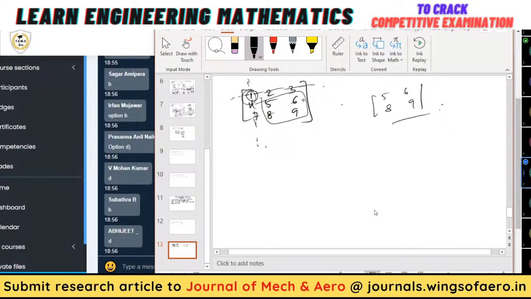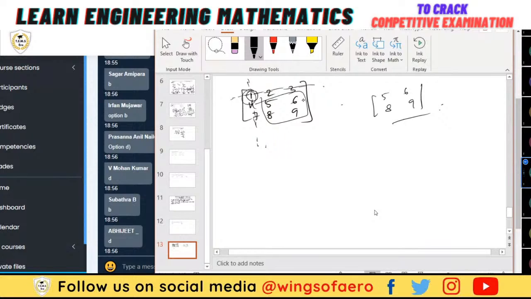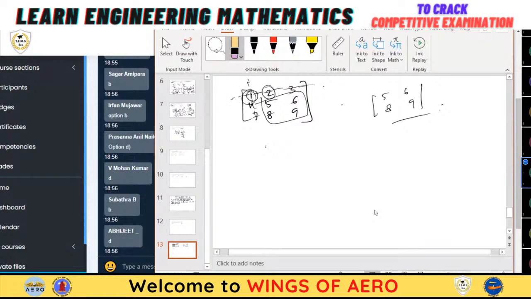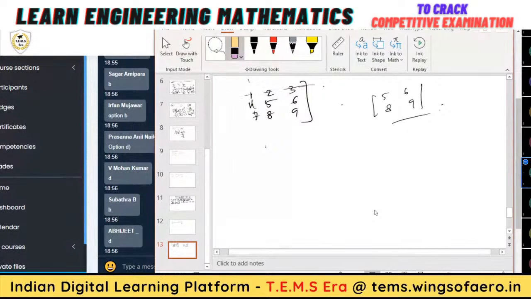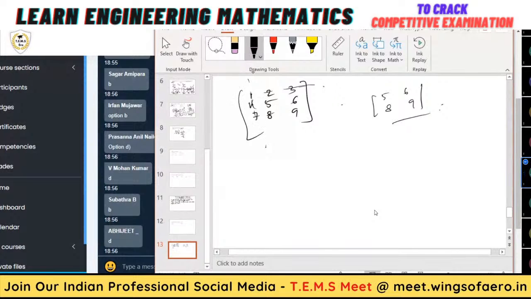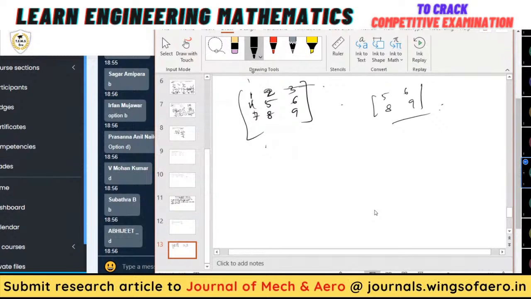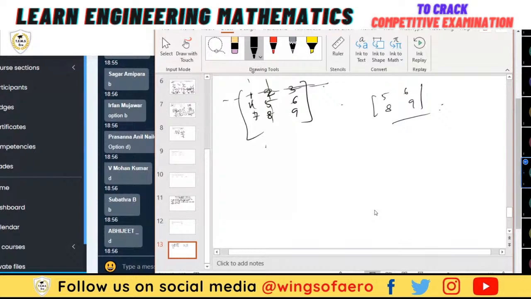So each and every element has a cofactor. Similarly, what is the cofactor of 2? We need to find out. What is the row and column which intersect at 2? The first row and the second column are the intersection of 2.